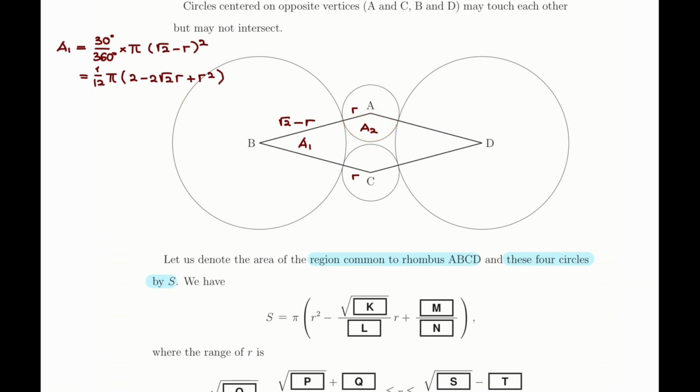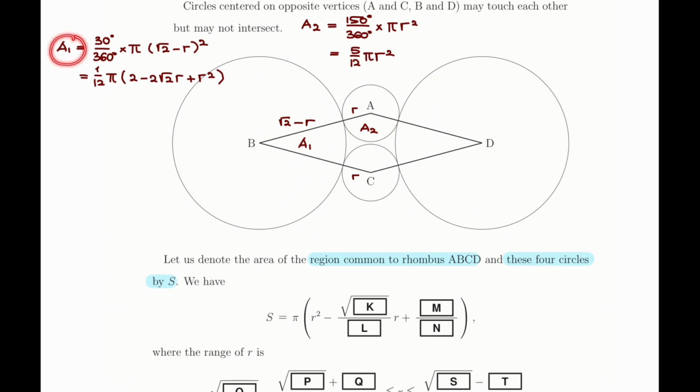As you know, angle BAC is 150 degrees because angle ABC is 30 degrees. So to find A2, I can use the same equation, but my angle is 150 degrees over 360 degrees times pi times the radius of the circle, in this case R, times R squared. If you simplify 150 divided by 360, you will get 5 over 12 pi R squared.